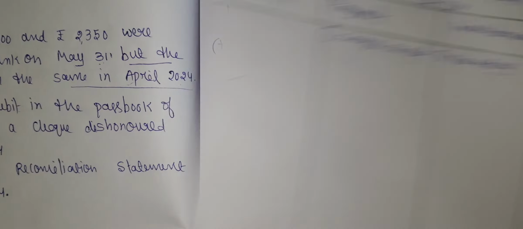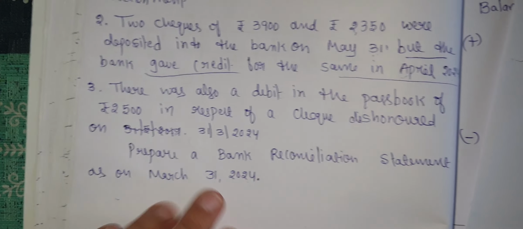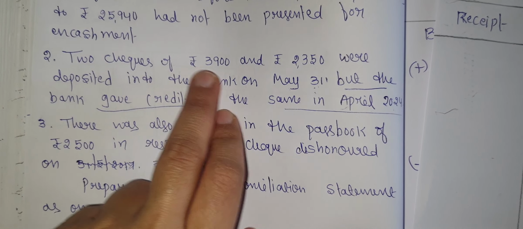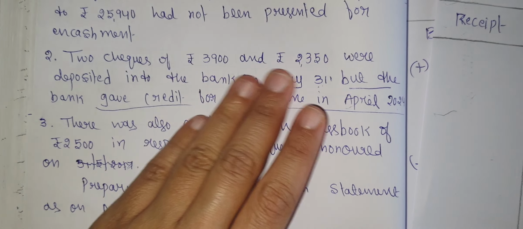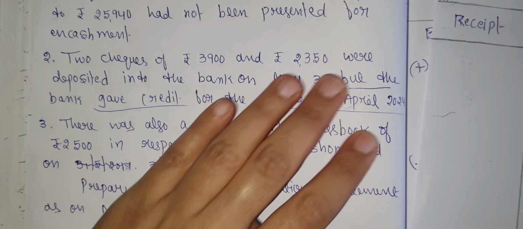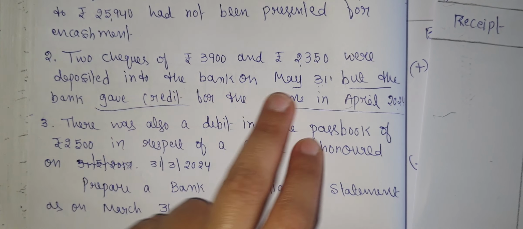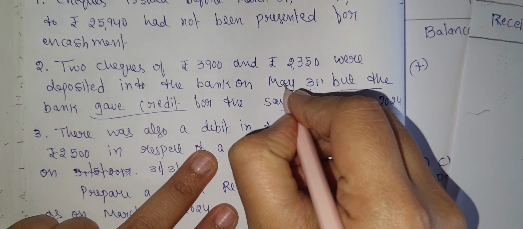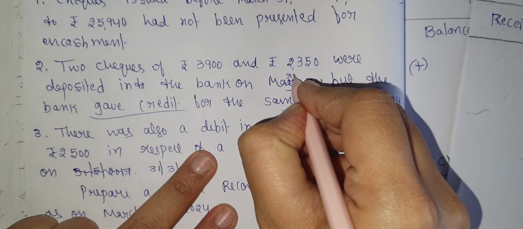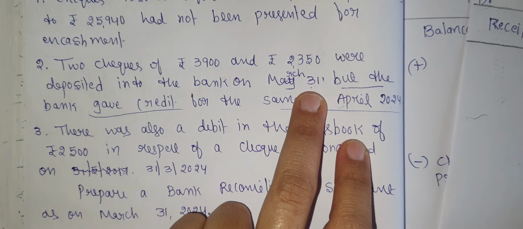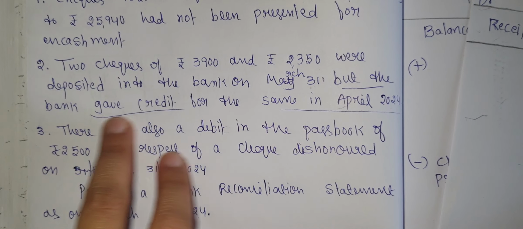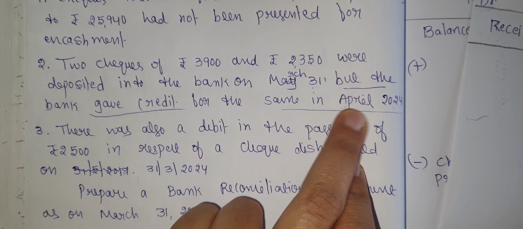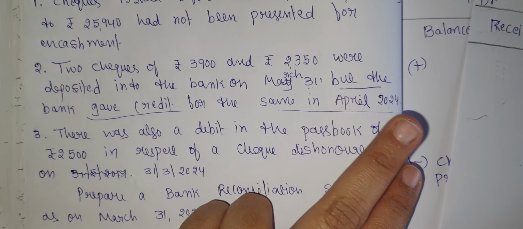Now second transaction. See here, two checks of rupees 3,900 and rupees 2,350 were deposited into the bank on March 31st, but the bank gave credit for the same in April 2024.